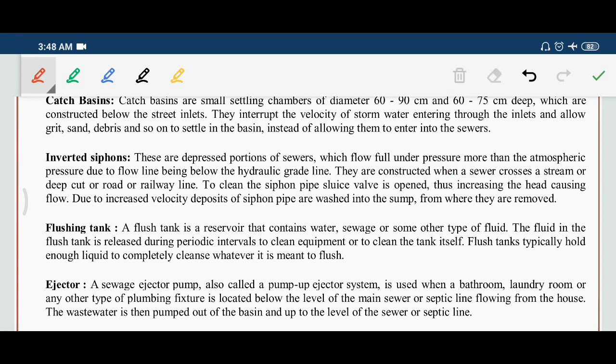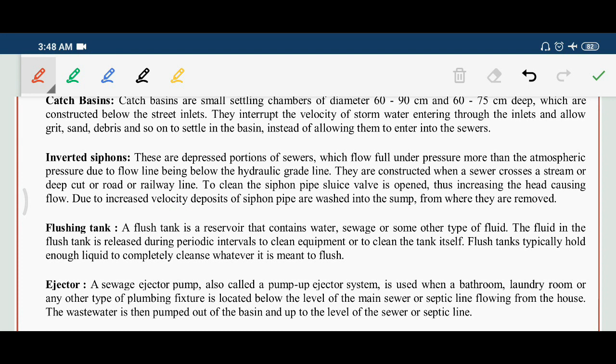So we are providing such a hydraulic grade line so that it has higher pressure than the normal atmospheric pressure, thus increasing the head causing flow. Due to the increase in velocity, deposits in the siphon pipe are washed into the sump. When the velocity is more, there will be no deposition.